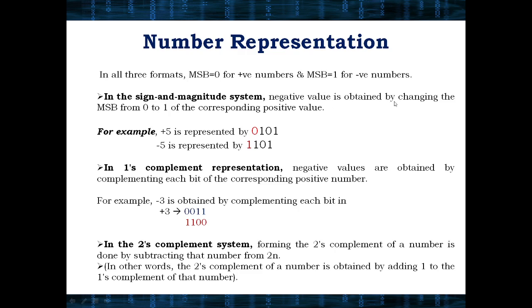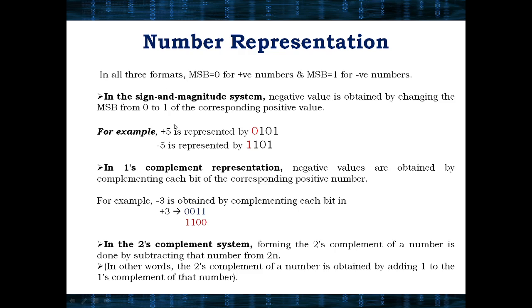A negative value is obtained by changing the MSB from 0 to 1 in the corresponding positive value.